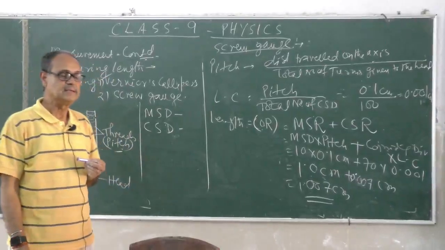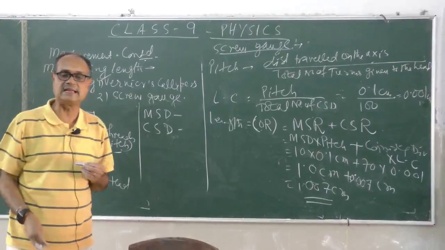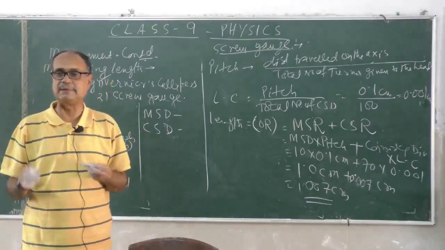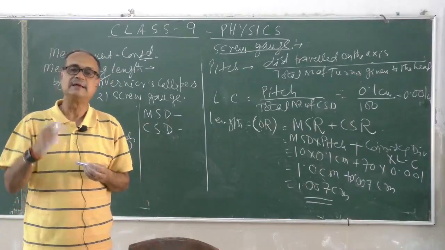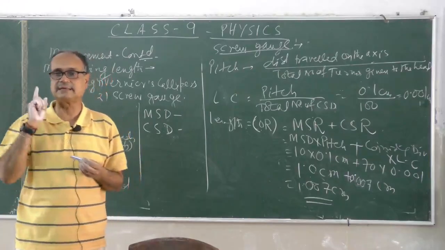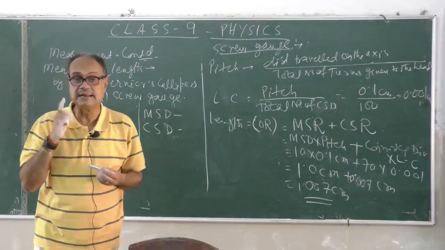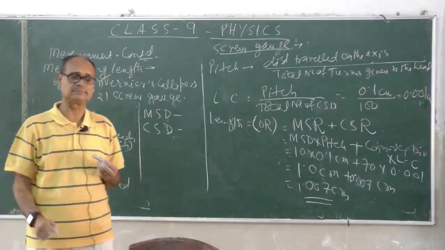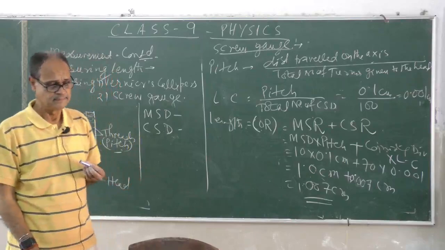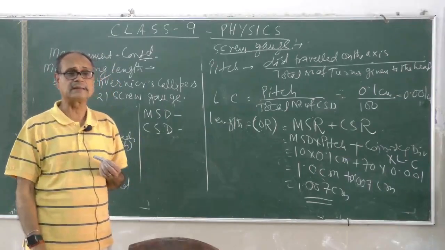In that case, you subtract the coinciding value from the total number of divisions. Maybe your 97 value is coinciding; it is very close to 100. So 100 minus 97 is 3. Before that you have to put minus 3 because it is a negative error, and multiply that with 0.001 as the least count, and this product will give you the error value.